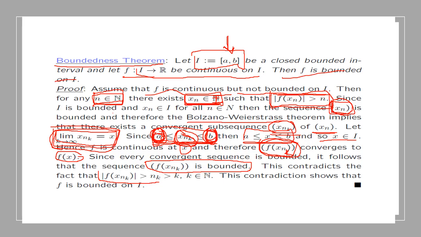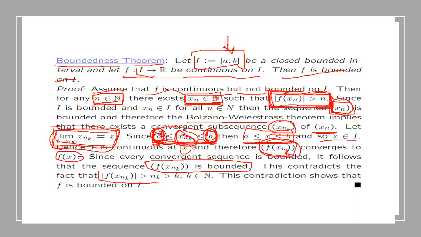Where does this come from? It comes from the condition that the sequence xn satisfies: the magnitude of f of xn is bigger than n for all n.